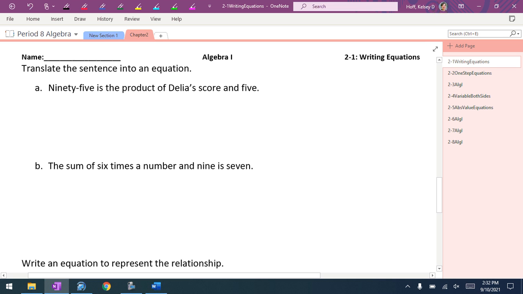Just translate those into an equation, sorry. A and B for me, please.